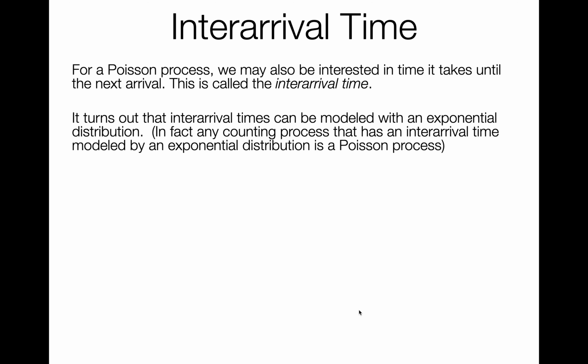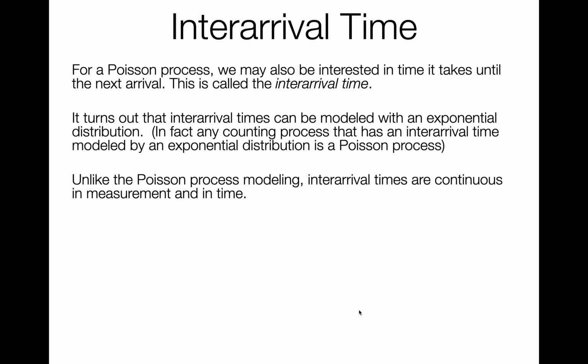So it turns out we can use the exponential distribution that we talked about in chapter 4 to model these interarrival times. And so, unlike the Poisson process modeling, interarrival times are continuous in both measurement of the random variable and in time.